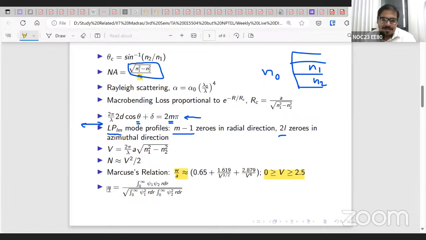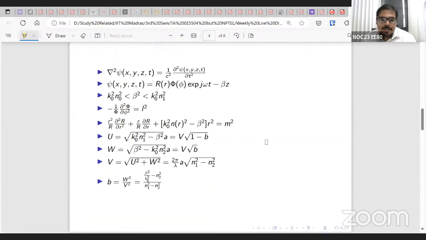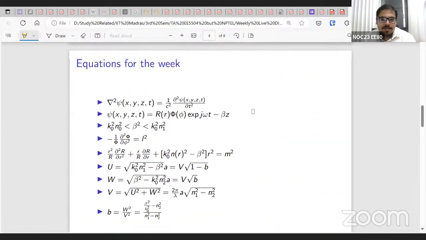This is the overlap integral, which will give you information about coupling efficiency. And basically, while solving for the modes, we assumed this form. This should be inside brackets. So we say that the mode information is contained in this part.